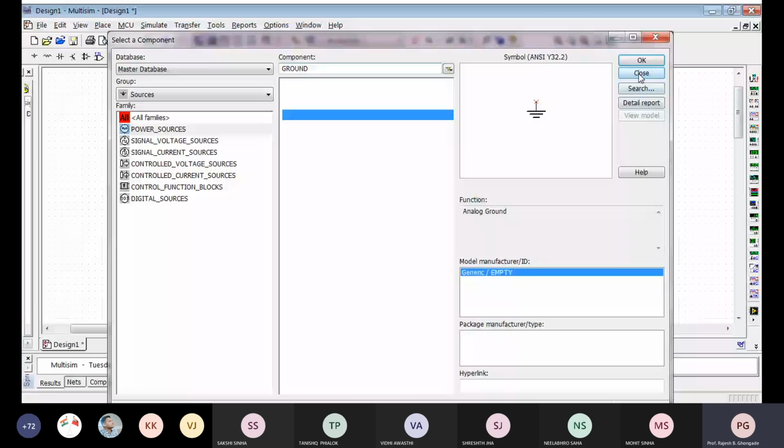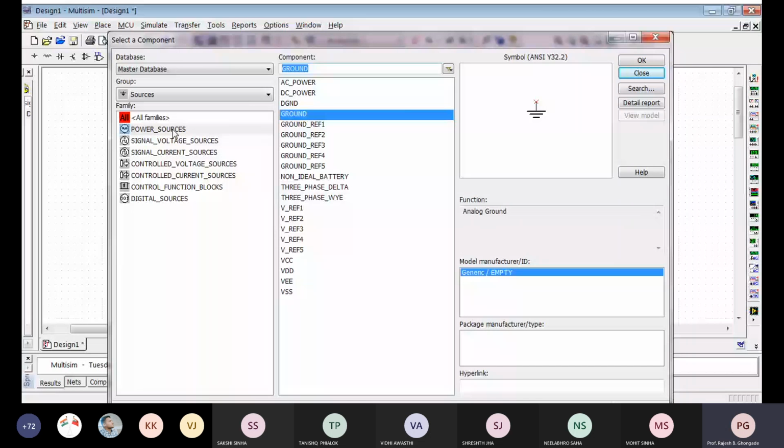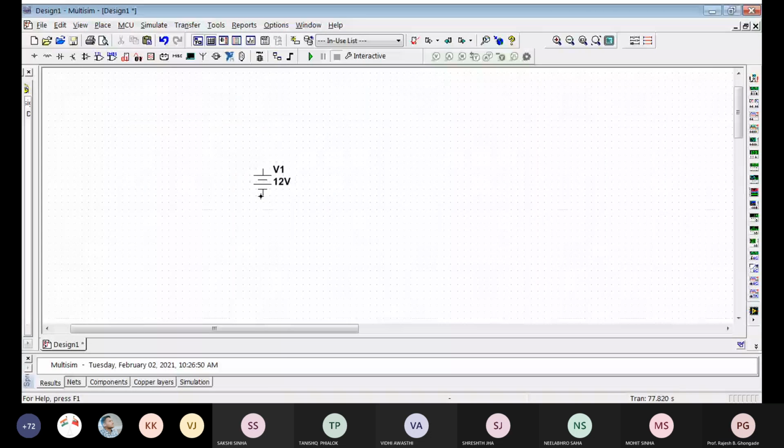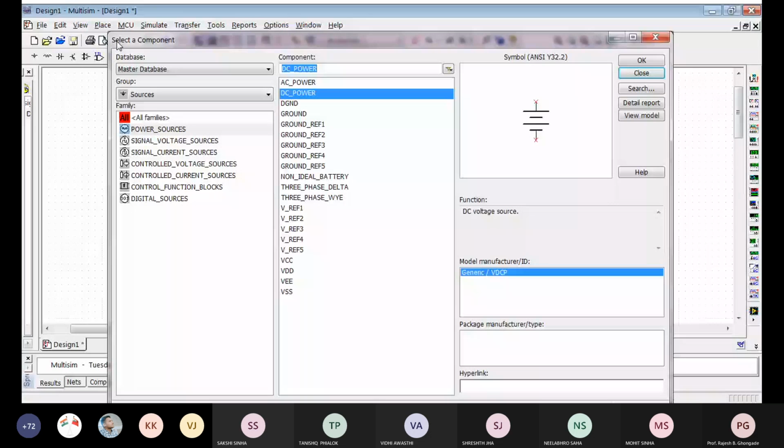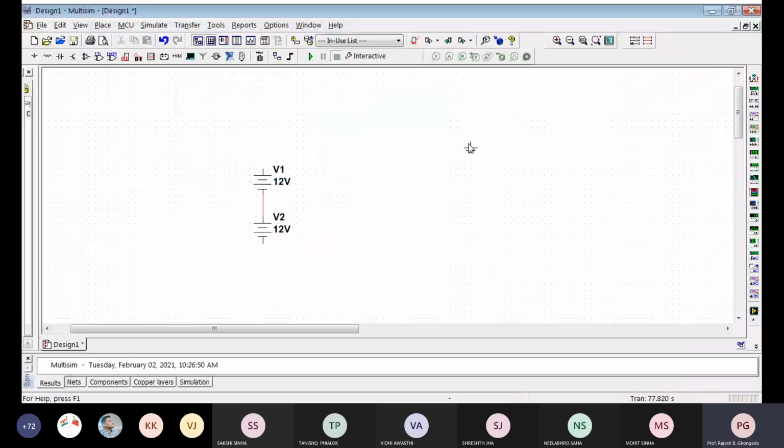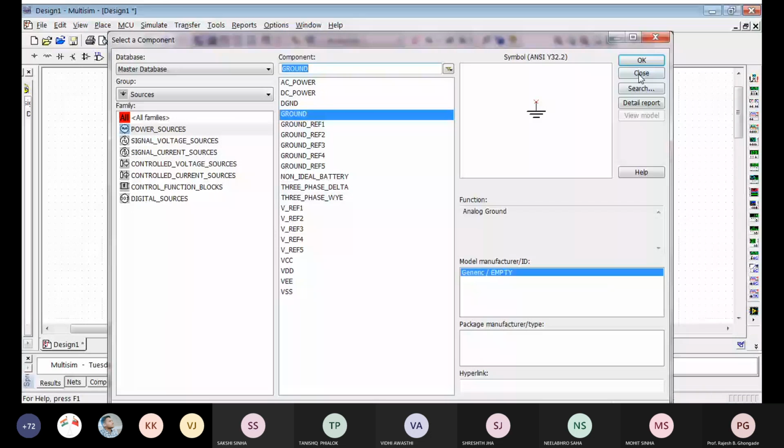this battery source, that is a DC power, like this. Connect them together, and the central point should be connected like this. What does this tell you?